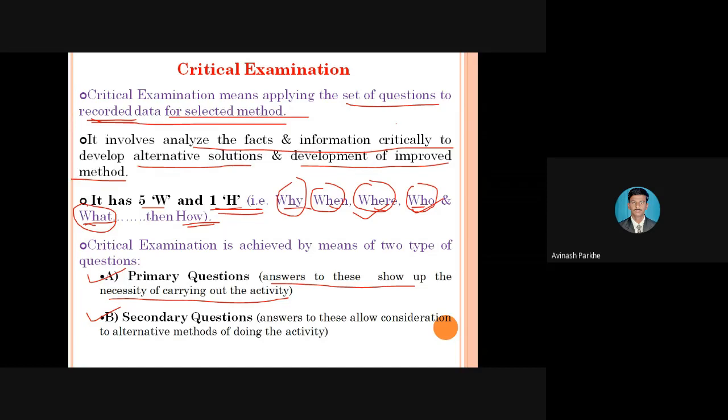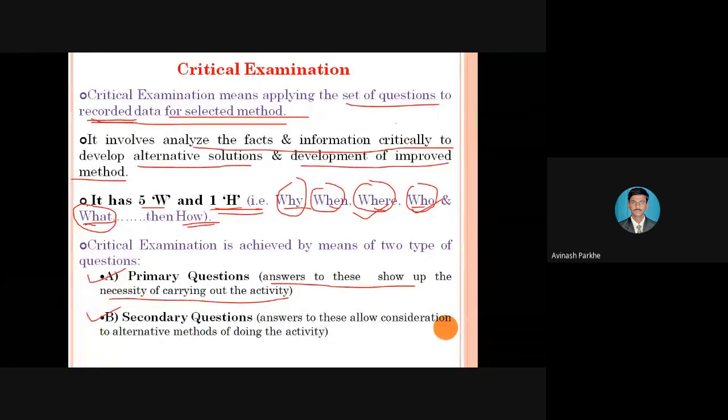Up till now, whatever recording techniques we have discussed, we have only taken the overall picture, but if I have to go in detail, why, who, when, where, how, these are the questions which will give the information in detail.